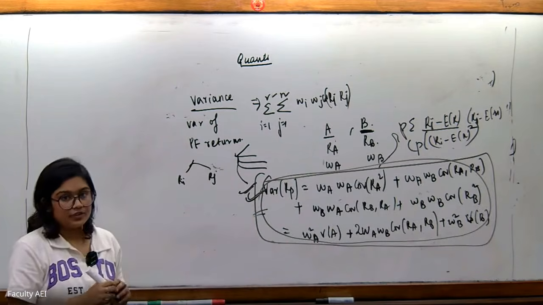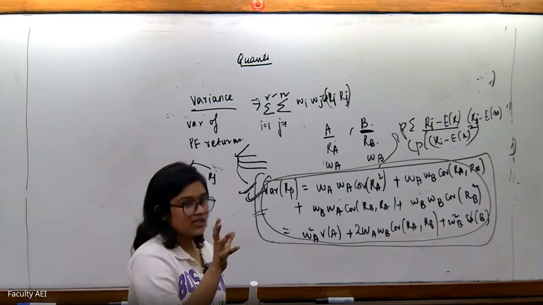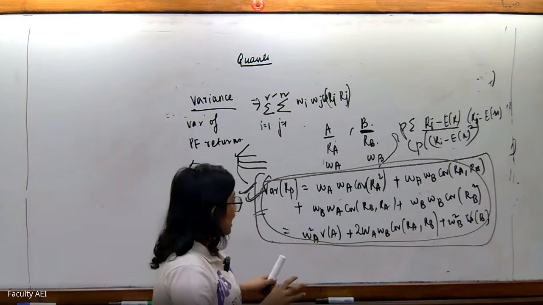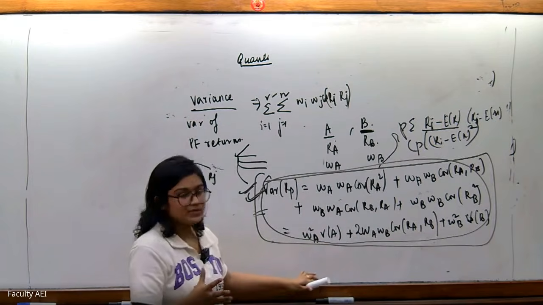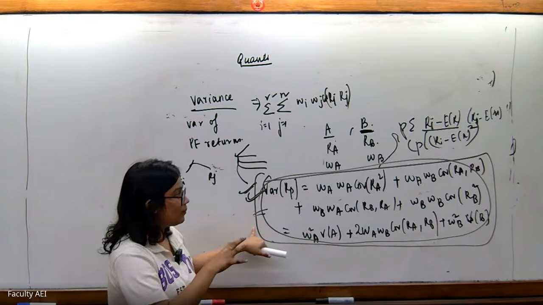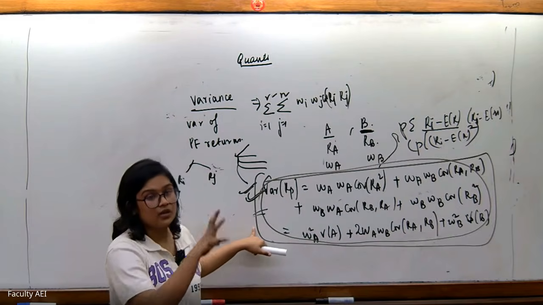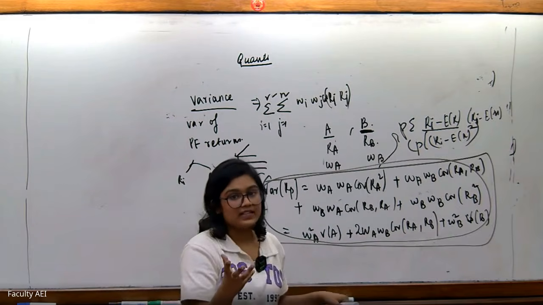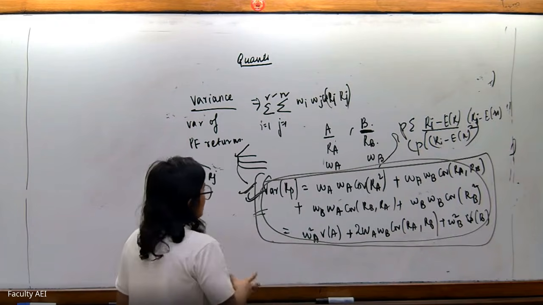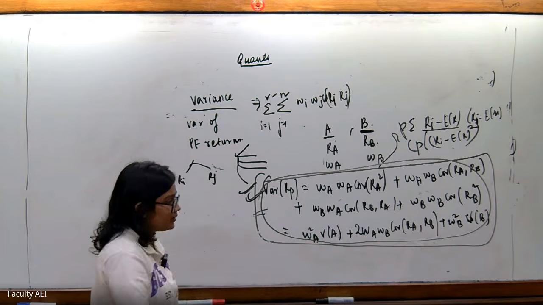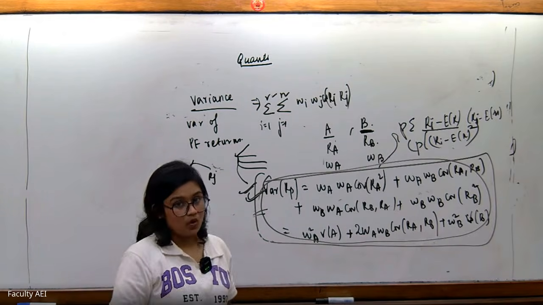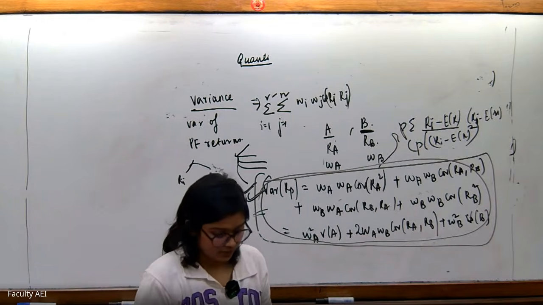In level 1, portfolio management only has 2 topics. One is a little on the theoretical end, and one is where sums are involved. This particular equation is very important, may not be tested in quants, but will surely be tested in portfolio management.